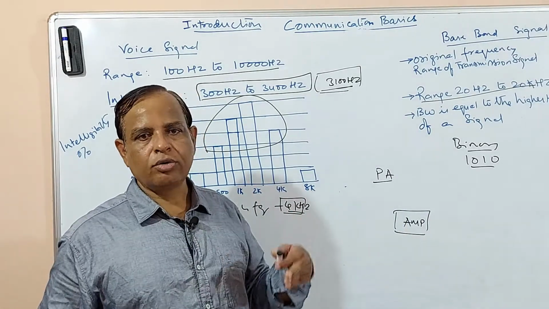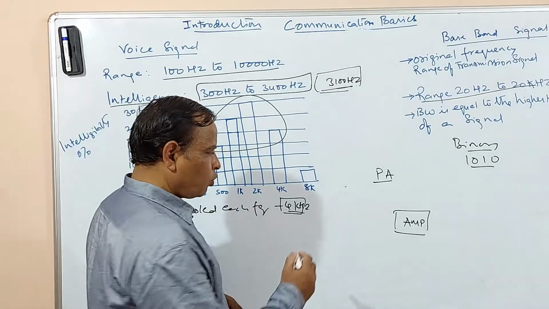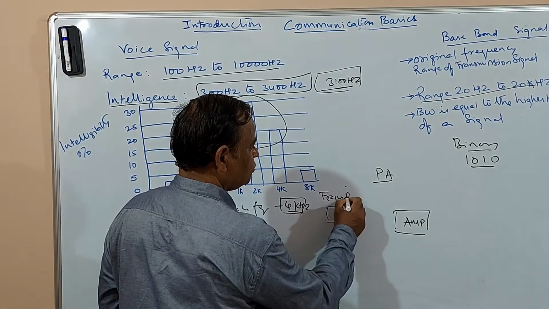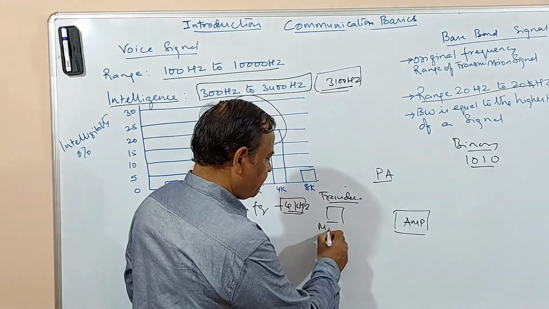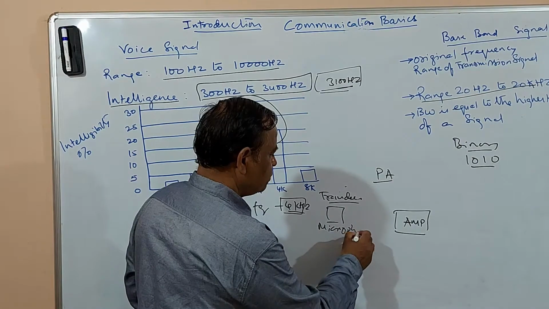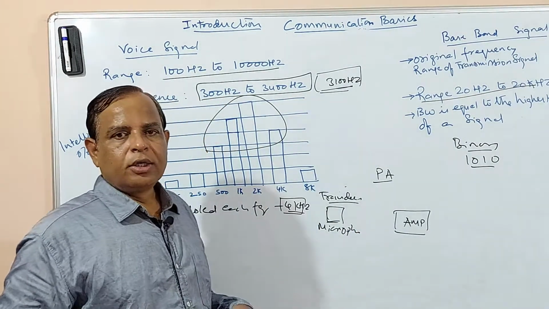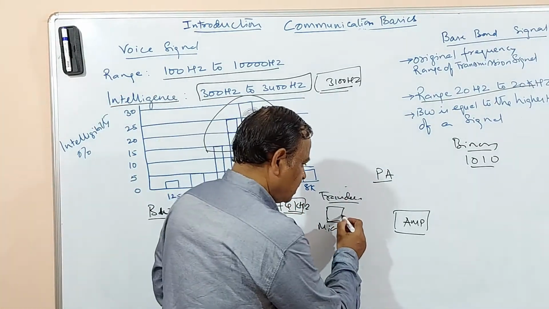So first you have to convert it into an electrical signal. So what do you require? You require one transducer. What is a transducer? It is nothing but the microphone. When you speak in front of the microphone, it converts our voice signal into an electrical signal.